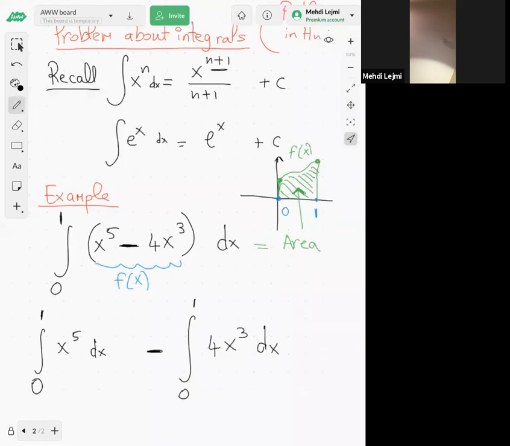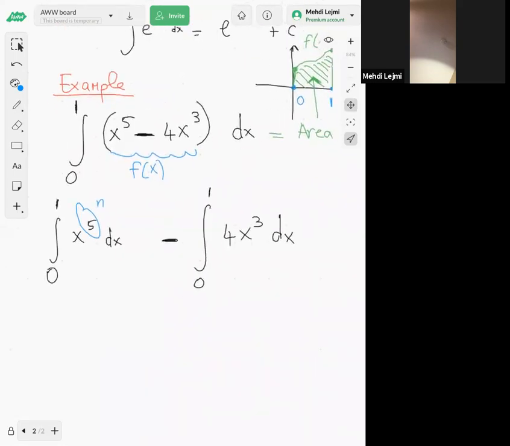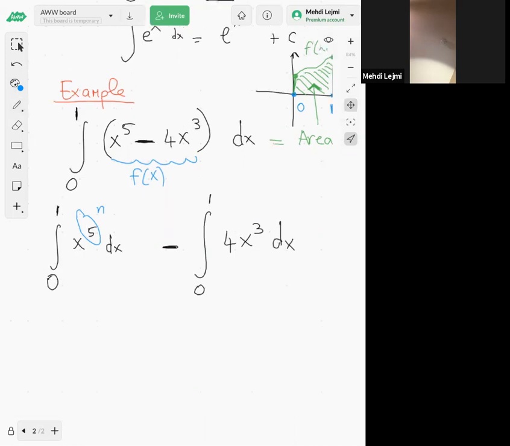You have to increase the power by 1. Your n here is 5, so the antiderivative of x to the power 5 is x to the power 5 plus 1 over 5 plus 1.